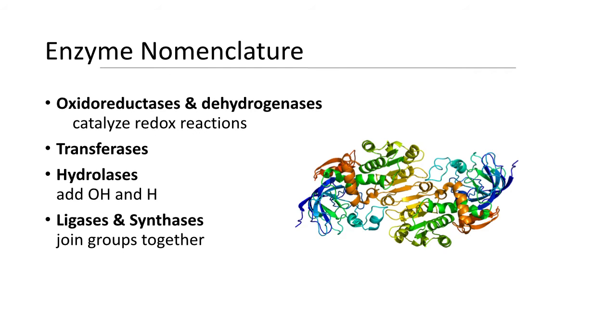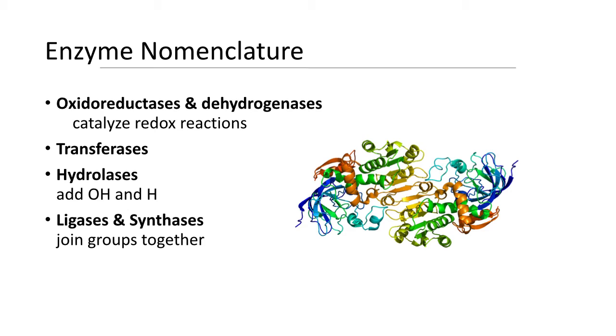Some additional nomenclature: as we mentioned, the names of enzymes refer to their functions. So for example, for oxidation and reduction reactions, there are oxidoreductases and dehydrogenases. Oxidoreductases and dehydrogenases refer to redox reactions, which you'll recall are oxidation and reduction.